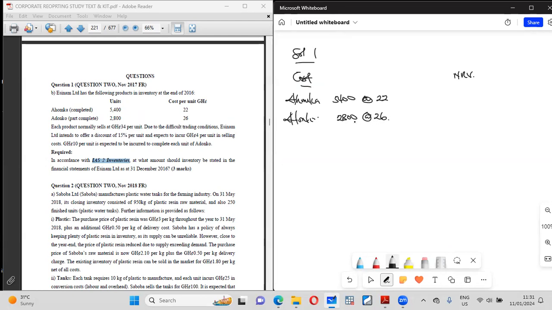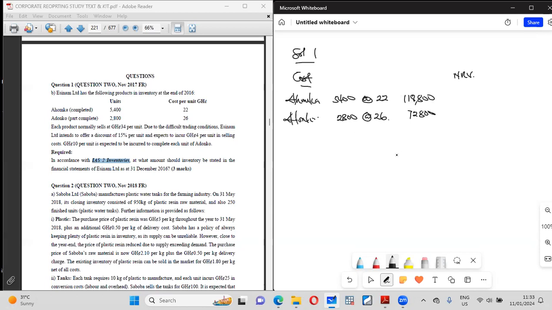So we will multiply and see how much we will get. This one will give you 118,800, and 2,800 multiplied by 26 gives me 72,800. So this is the inventory that we have at cost.